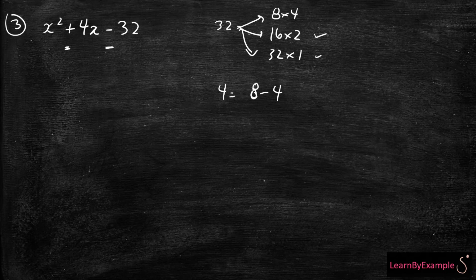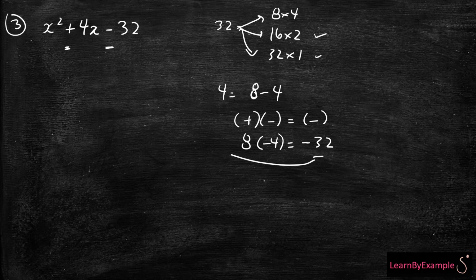Does it make sense that I have a positive 8 and a negative 4? Yes, because you have a negative 32, which means you need opposite signs when they multiply. Positive 8 times negative 4 gives you negative 32, which is exactly what we're looking for.